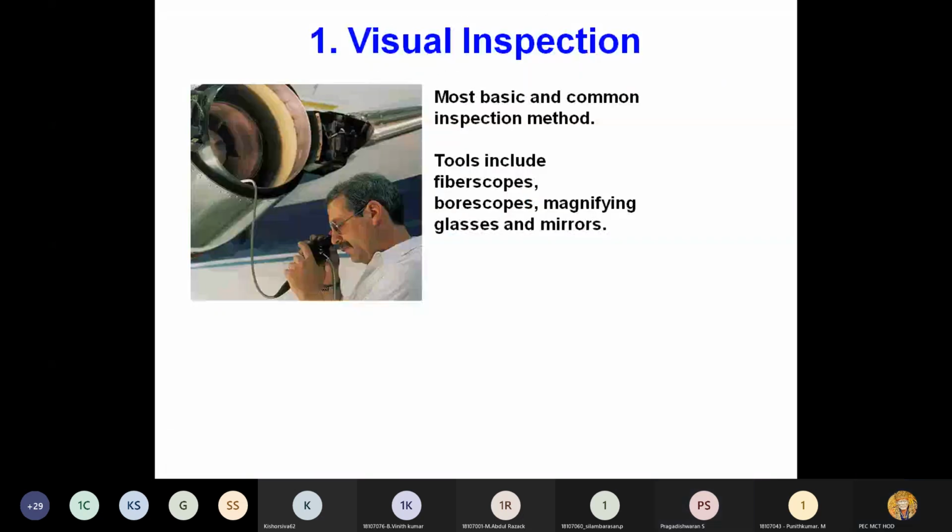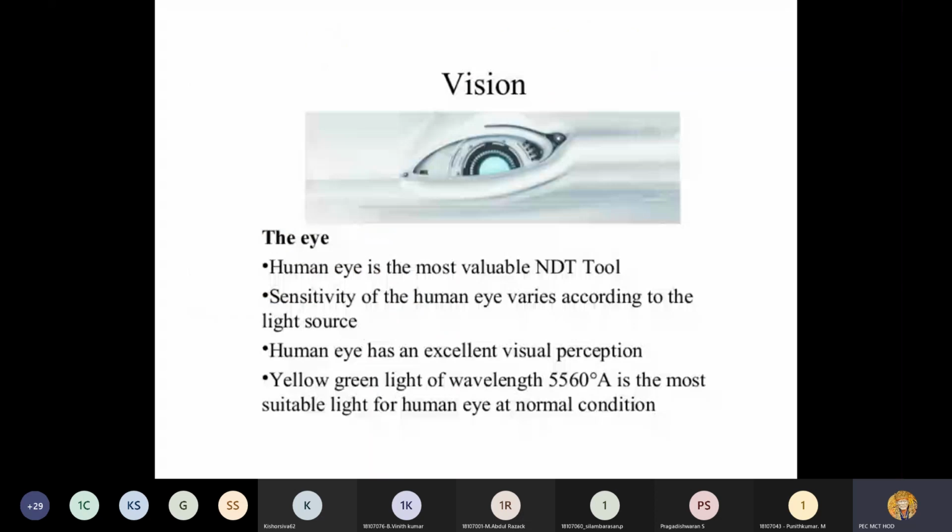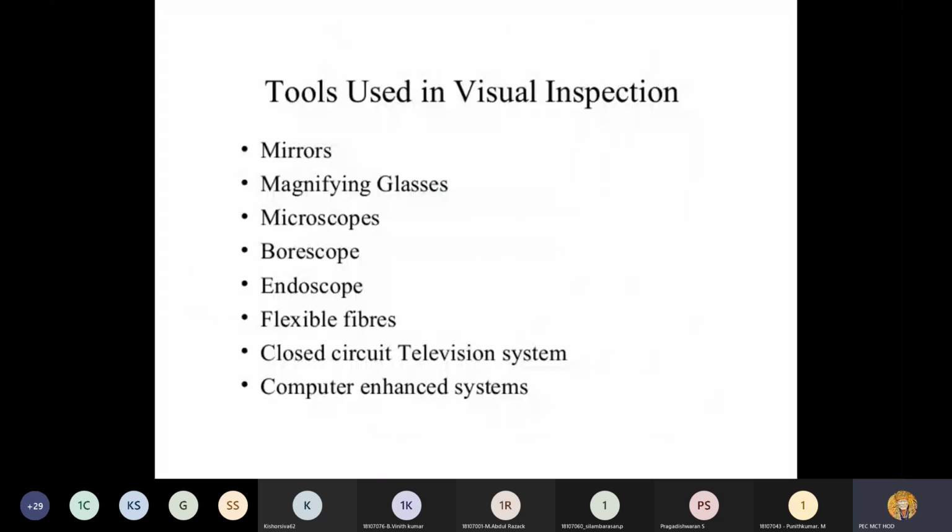Okay. So the basic principle of visual inspection is inspection techniques carried out with the human naked eye. There are two types of visual inspection: one is aided visual inspection, another is unaided visual inspection.